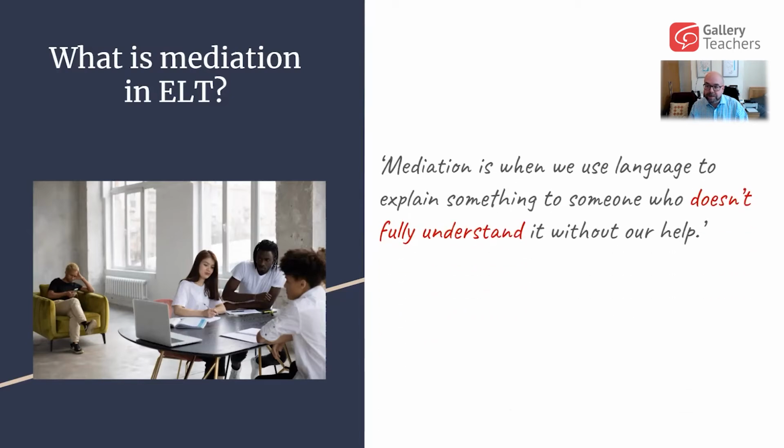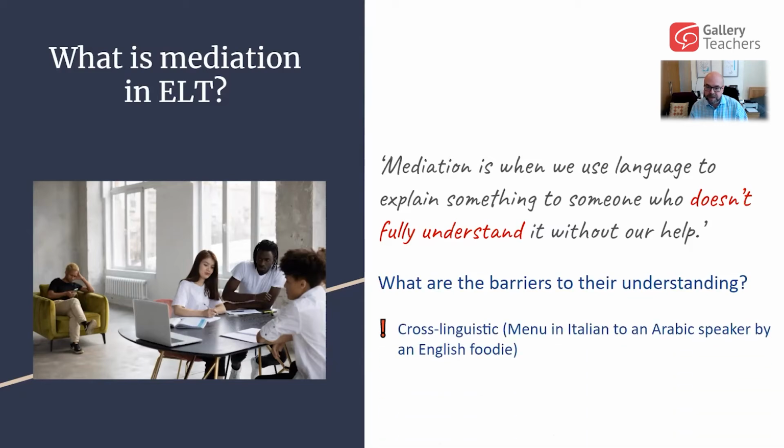If we move on to that third element, we've looked at the something and the someone. We now consider the barriers to understanding. They're coming up on screen now. So barriers can include, for example, cross-linguistic, as I've mentioned already. Looking at a menu, you're a group of students from a language school somewhere in the UK or an English-speaking country go out for a meal.